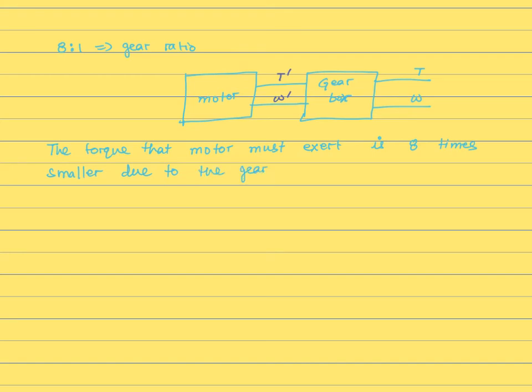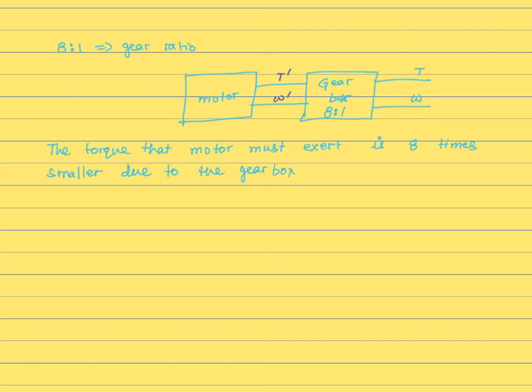So with that 8:1, it's saying if it has to produce a certain torque, let's say 64 Newton meters at the wheel, then the motor has to produce less torque. How many times less torque? 8 times less torque. The torque that the motor must exert is 8 times smaller due to the gearbox.